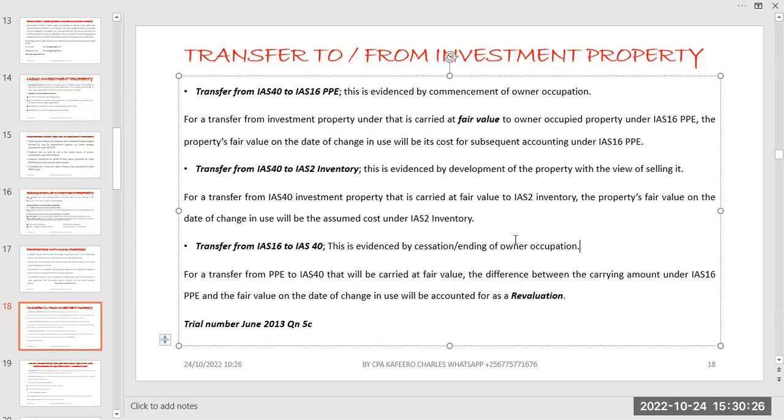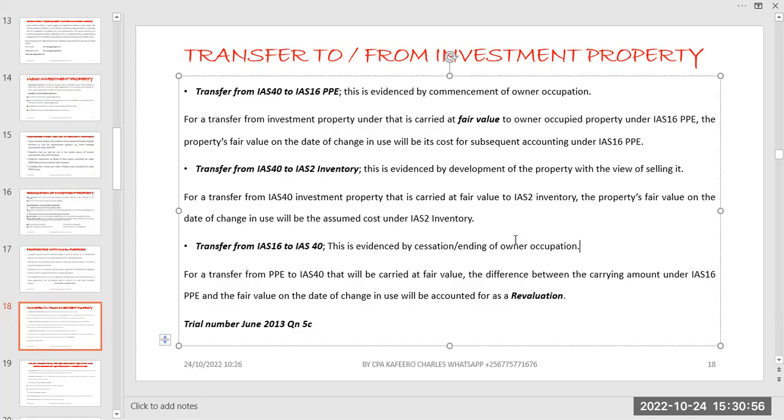So we are saying that for a transfer from PPE to IS40, that is investment property, that will be carried at fair value, the difference between the carrying amount under IS16 PPE and the fair value on the date of change in use will be accounted for as a revaluation.